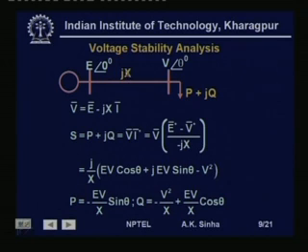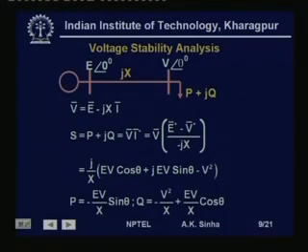So, we have the transfer reactance between the sending end and the receiving end as X, which includes the reactance of the generator as well as the transmission line.